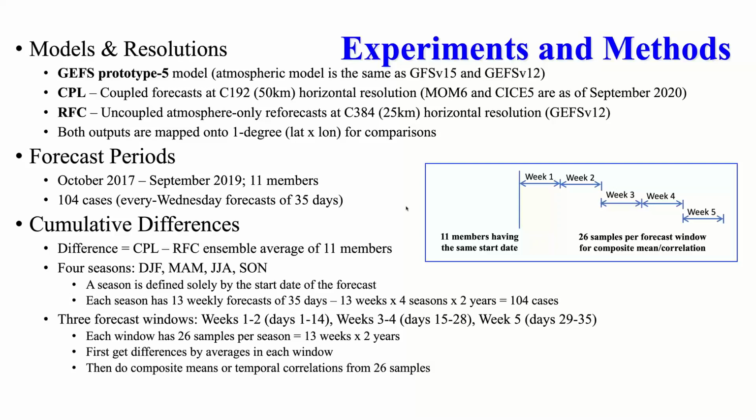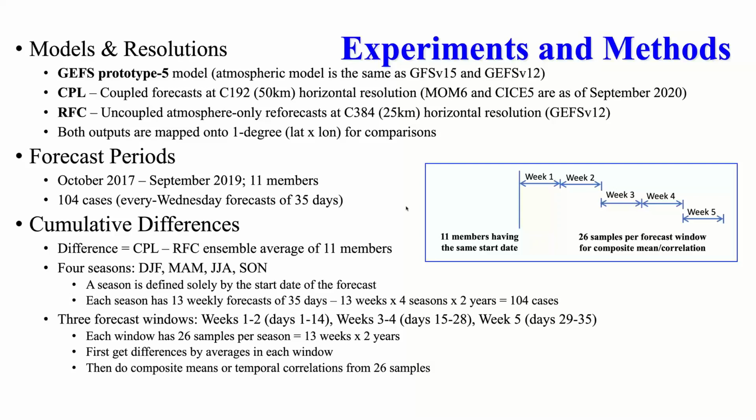We found that for week 1 and week 2, many of the signals we analyze are similar, and so also for week 3 and week 4. That's the reason we group them together. Week 5 has some signal, but it's quite weak, so we are not going to talk about it in this analysis. What we are going to do is focus on the differences.